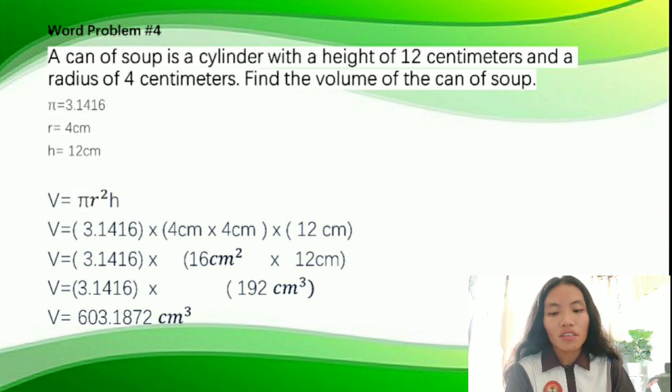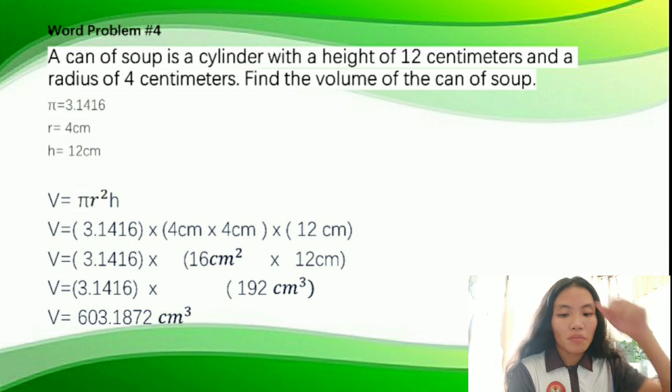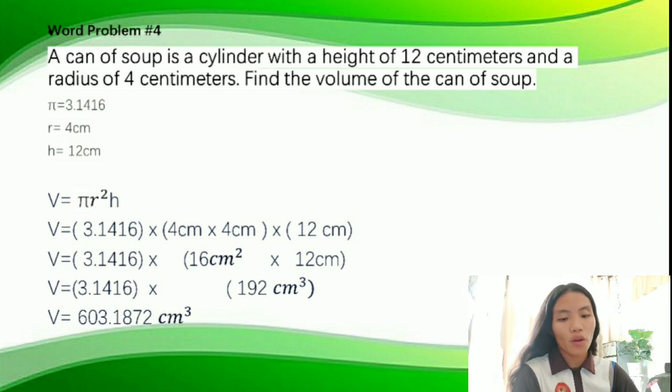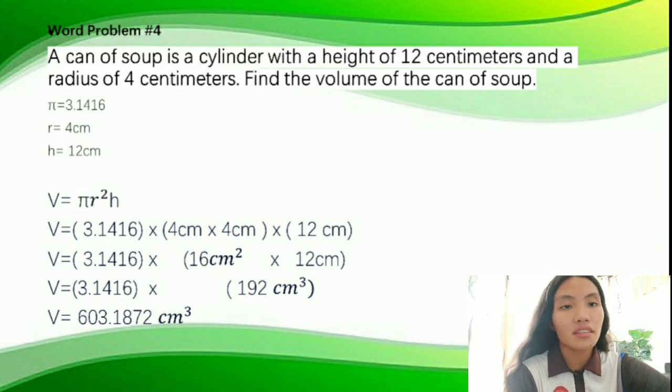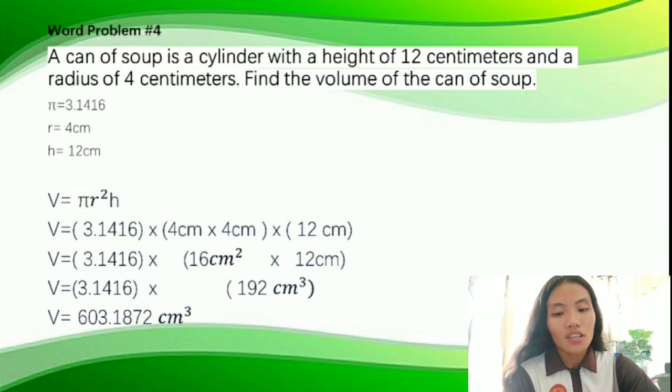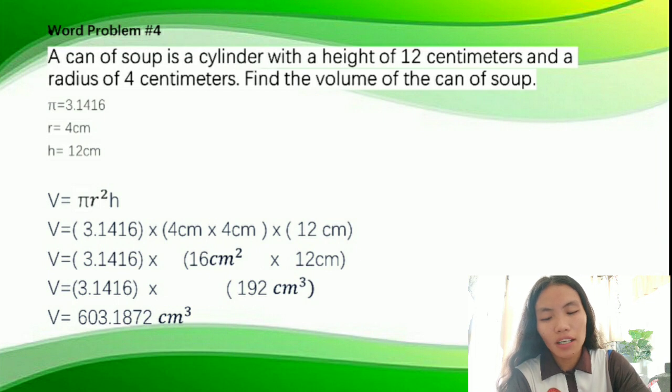So, volume is equal to pi, which is 3.1416 times, multiplying 4 centimeters times 4 centimeters gives 16 centimeters squared. Then multiply by 12 centimeters, which is the height. So, let's proceed to the next step.